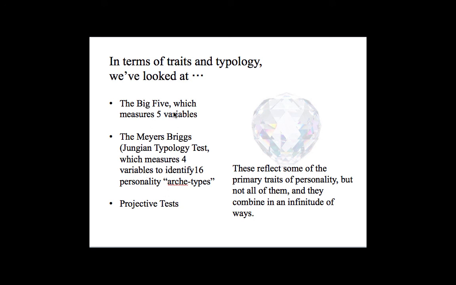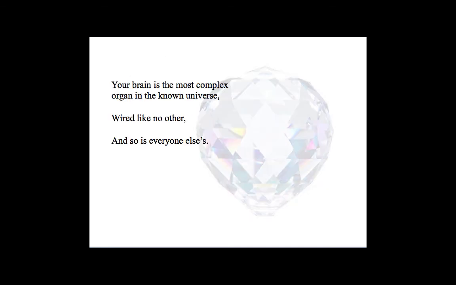And even just thinking about these, we have a massive amount of information that we can use. And yet there's many more personality tests out there of different kinds. And what they reflect is that we've got a wide variety of personalities, and they all, even these things, can mix up in a wide variety of ways. So we're all quite different from one another.